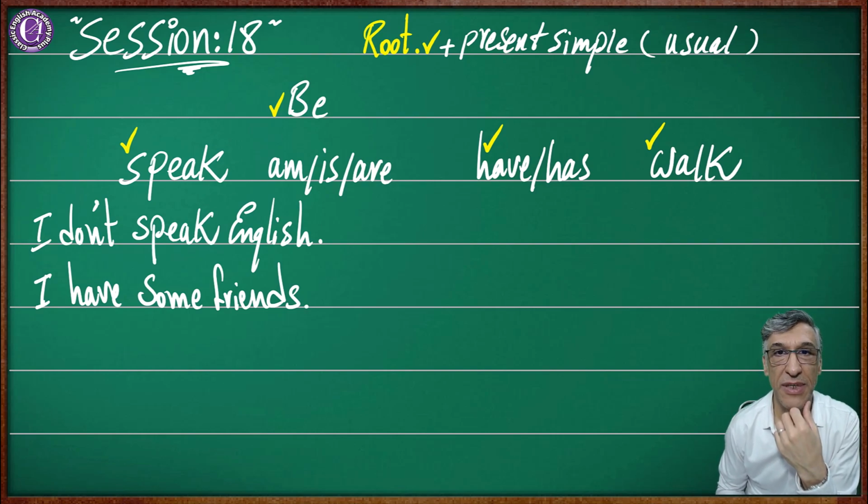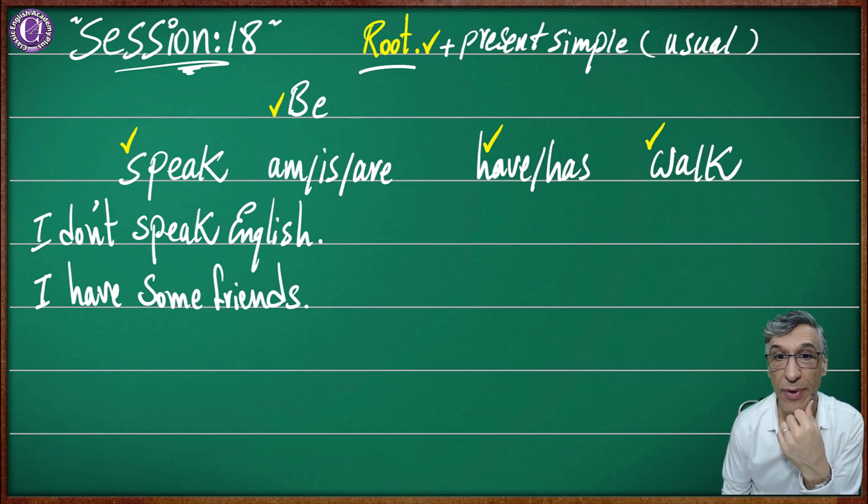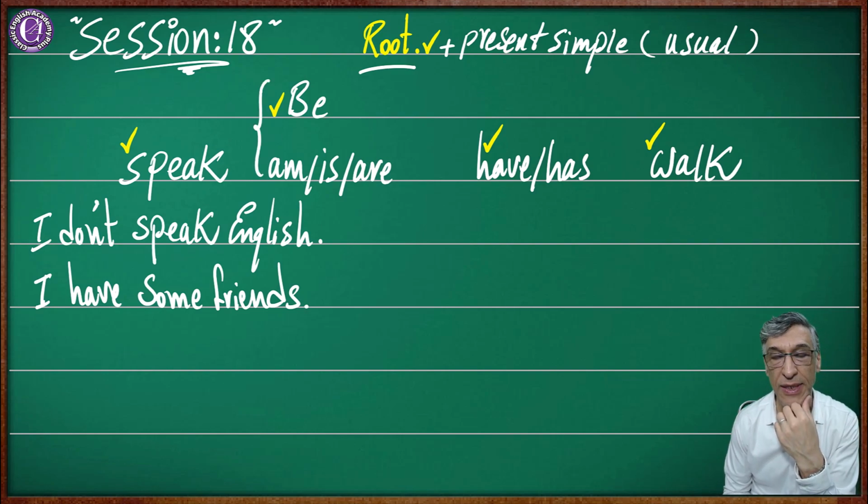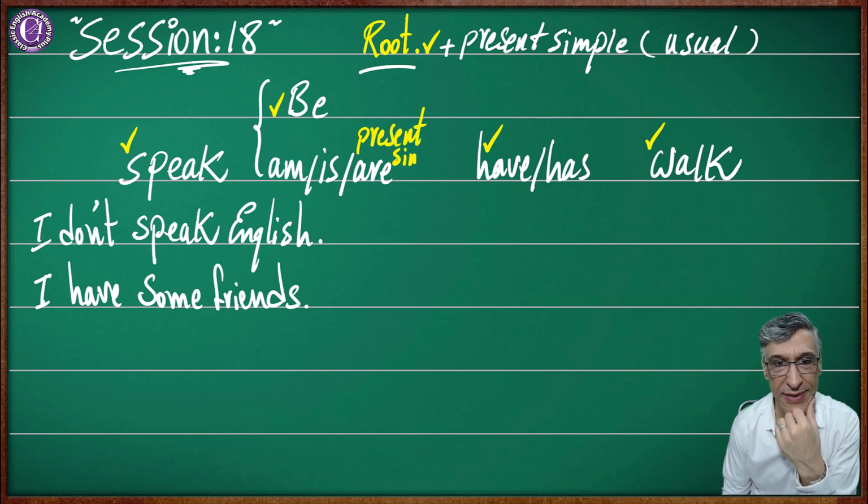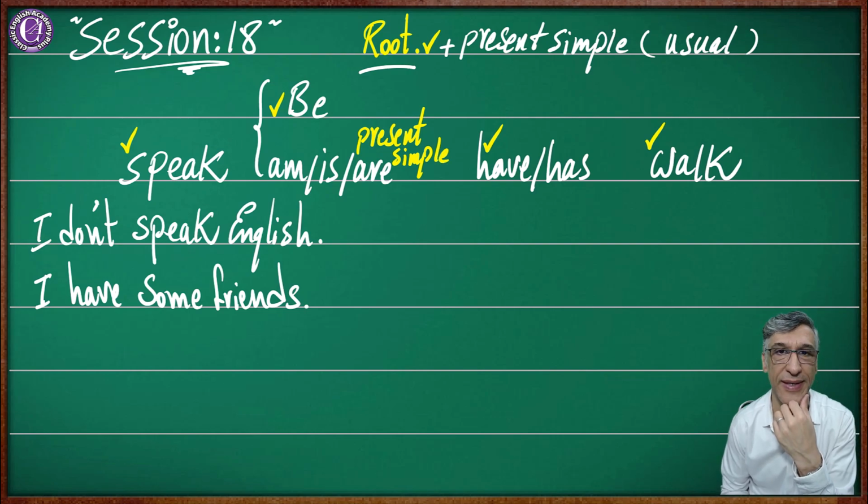So, between have and has, have is the root of the verb. They are the root of the verb plus present simple. But between be and am, is, are, we say this is, yes, of course, present simple. This is a very, very special thing.